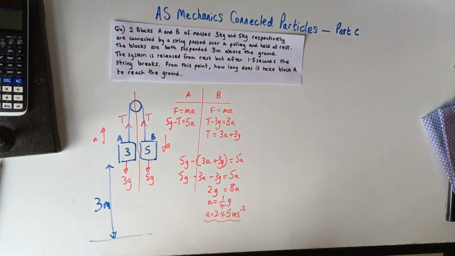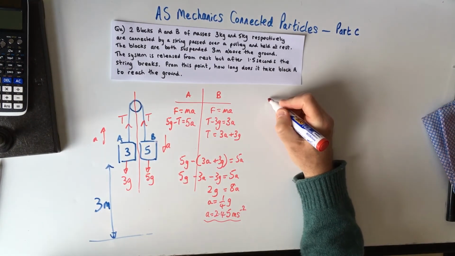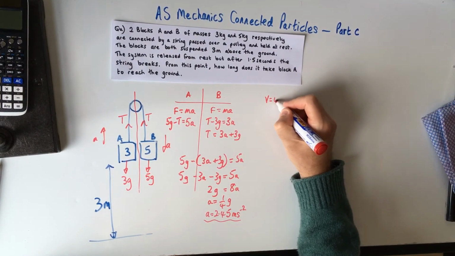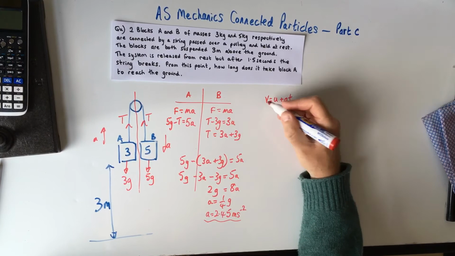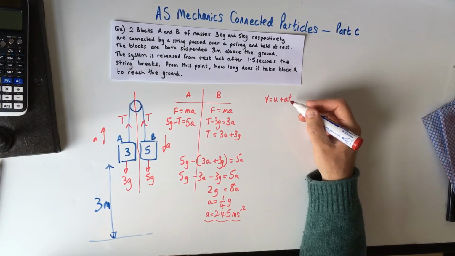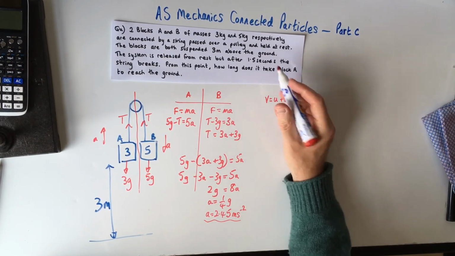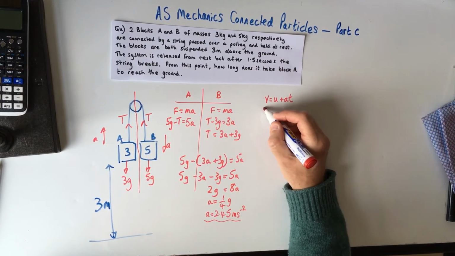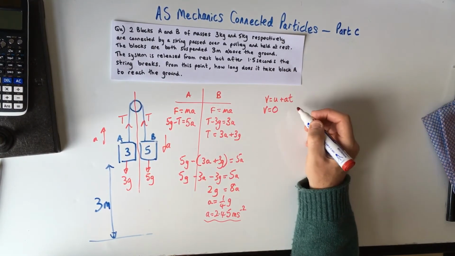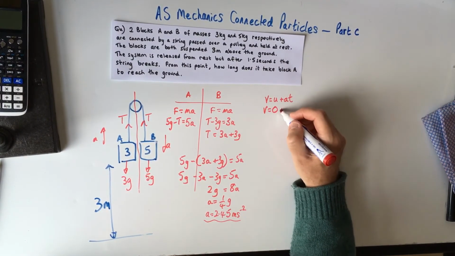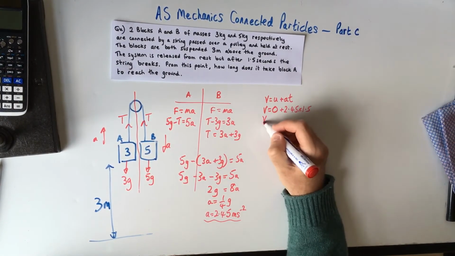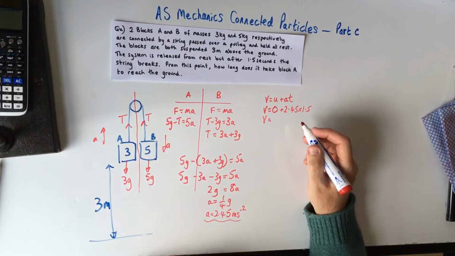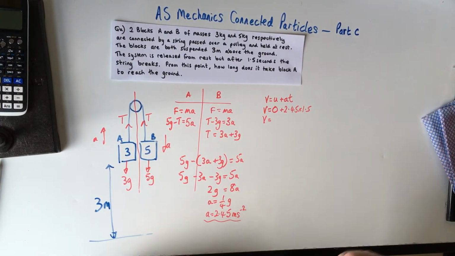So the first thing that we can do is go v equals u plus at. What is the velocity after 1.5 seconds? The initial velocity was 0. The acceleration is 2.45, and when we times that by 1.5, we get a velocity of 3.675.